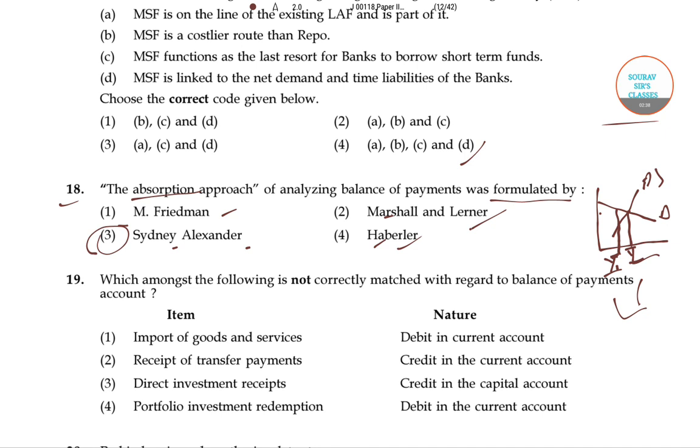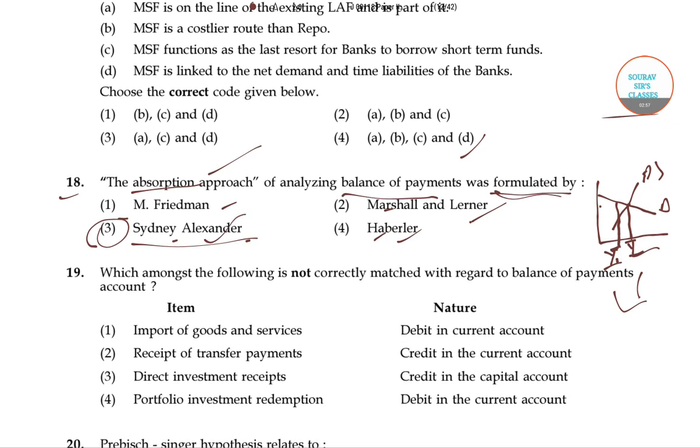However, the increase in national income will be greater than the total output. So for this case, we know it was given by Sidney Alexander. The absorption approach of analyzing balance of payments was formulated by Sidney Alexander.